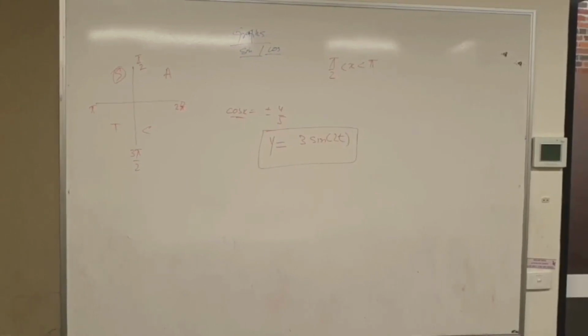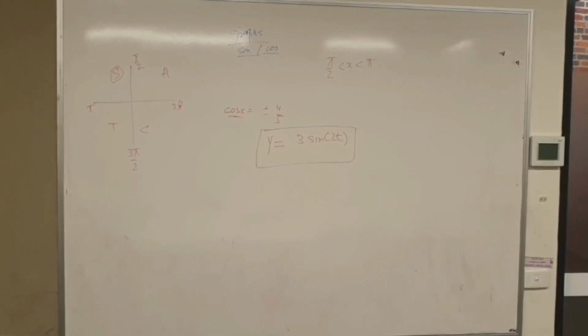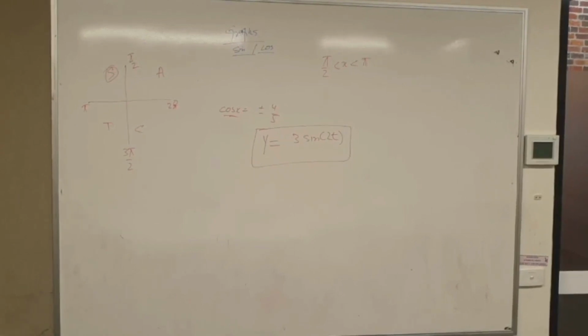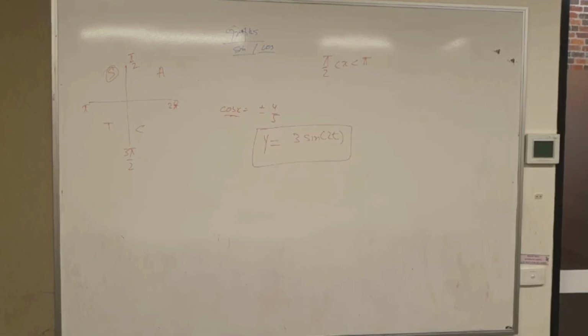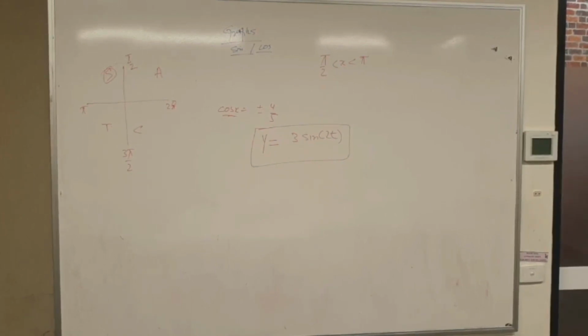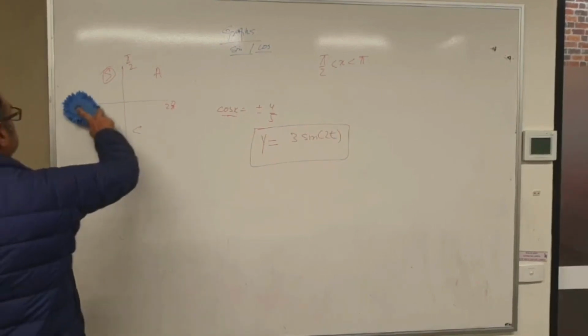Just one cycle, from 0 to pi. What is the period of the function?